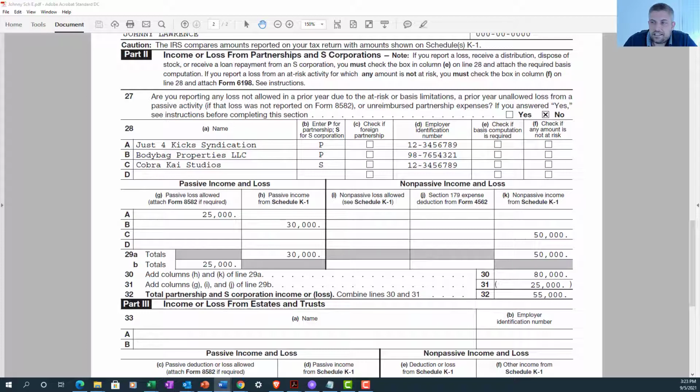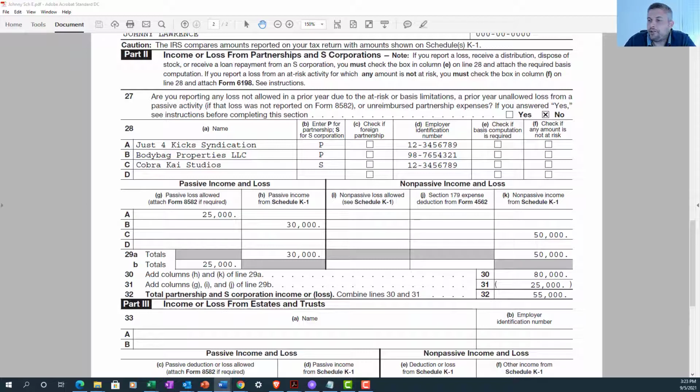So it looks like Johnny has a $25,000 passive loss that's allowed in column G from Just for Kicks, and $30,000 in passive income from Body Bag Properties in column H. His karate studio is showing a $50,000 non-passive income item from the S corporation over here in column K.